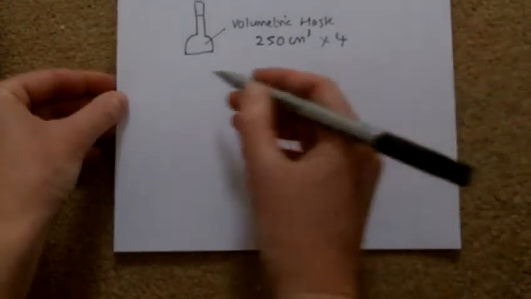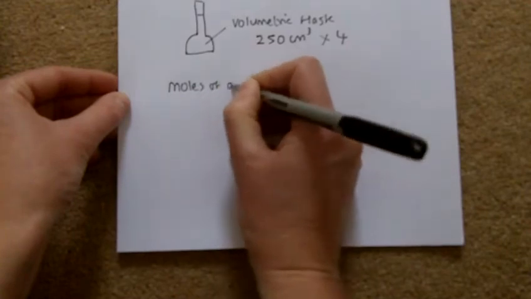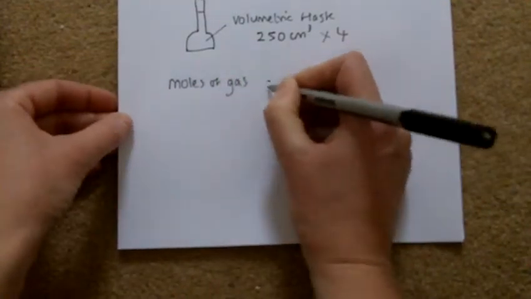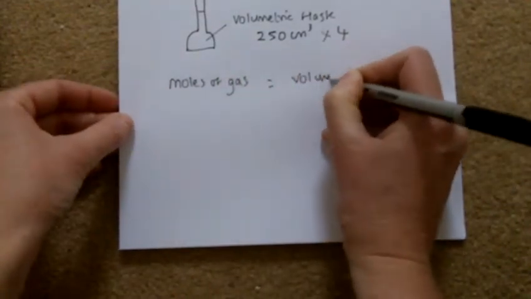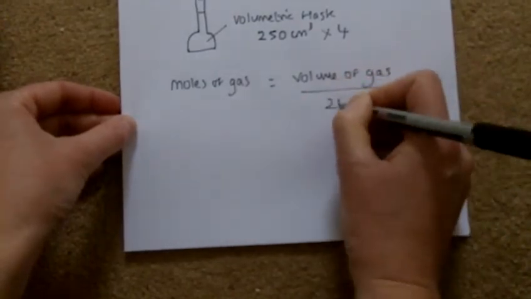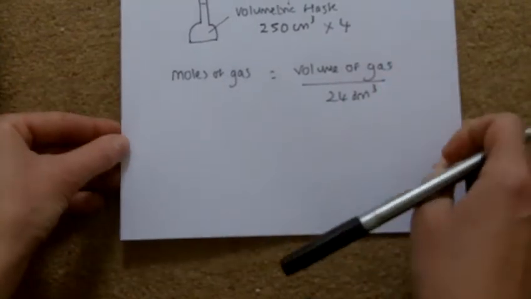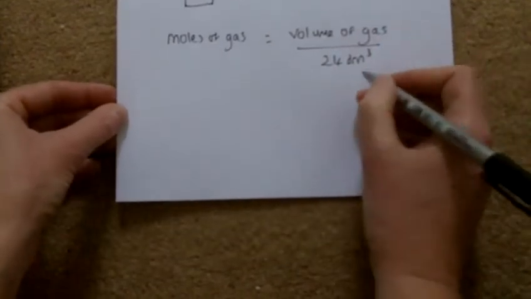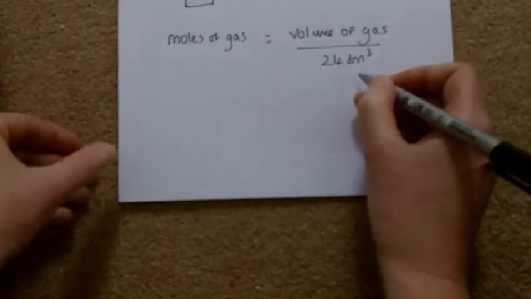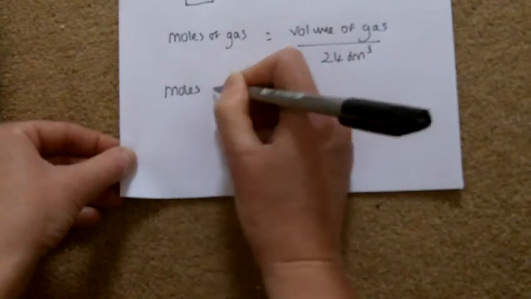So the equation we use is moles of a gas, and this is only for gases, moles of a gas is the volume of the gas divided by 24 decimeter cubed. But if that's really large scale, we might want to use this one instead.